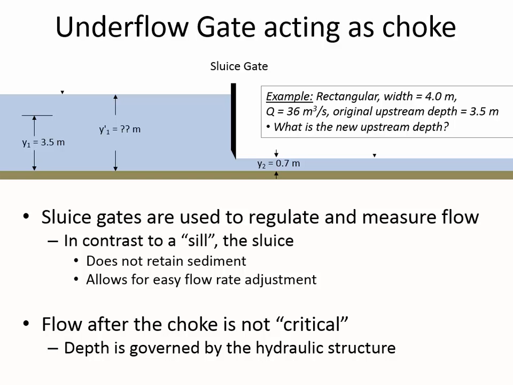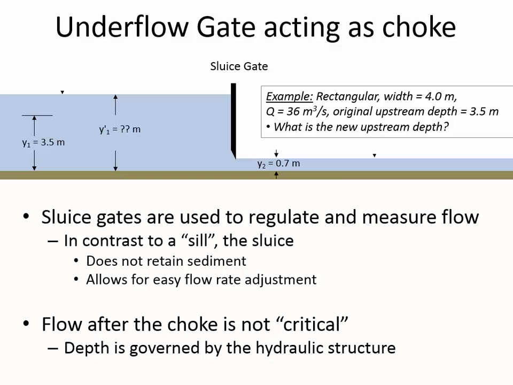So the specific energy is the depth 0.7 meters plus the velocity head, where we've got 9 meters squared per second, squared, divided by 2g times the depth downstream 0.7 meters squared. So the total specific energy, E2, is 9.125 meters. That's the energy required for flow.